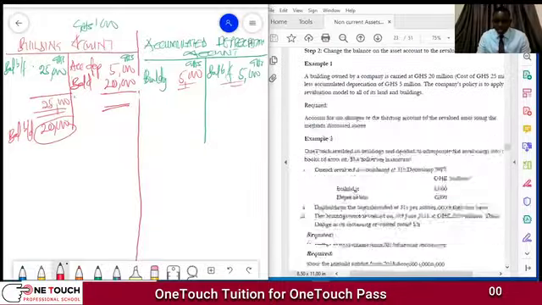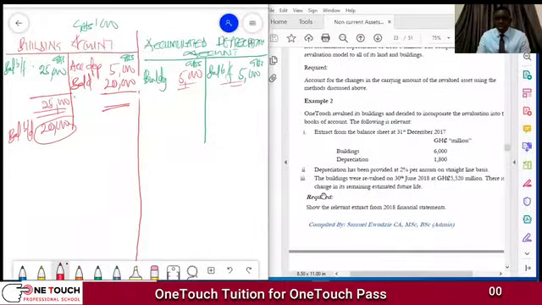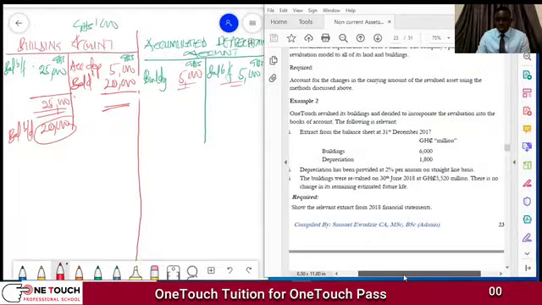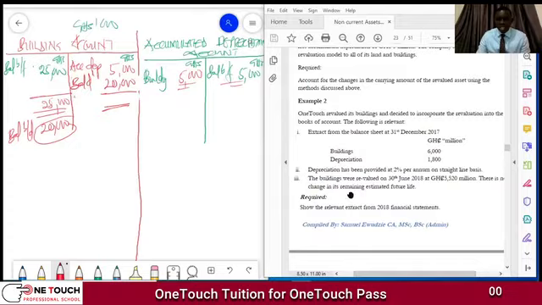So let's look at example 2. One Touch Limited revalued its building and decided to incorporate the revaluation into the books of accounts. The following is relevant. Extract from the balance sheet at 31st December 2017: Buildings. Depreciation has been provided at 2% per annum on a straight line basis.